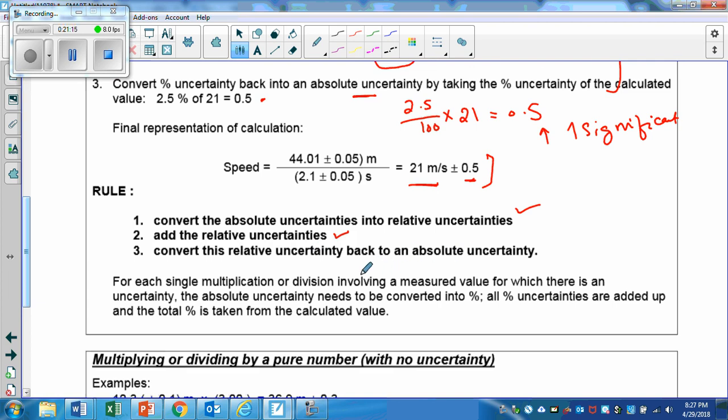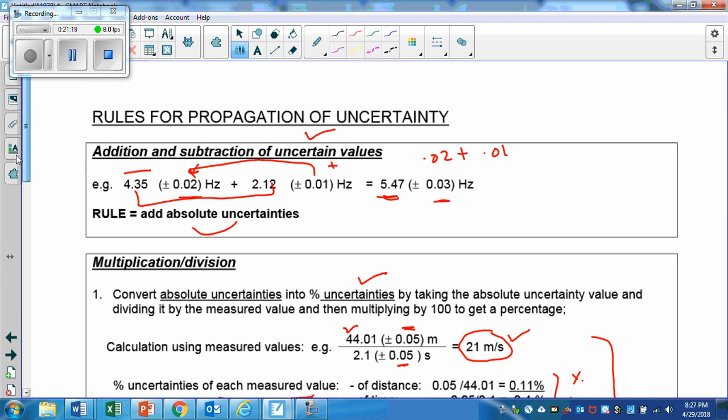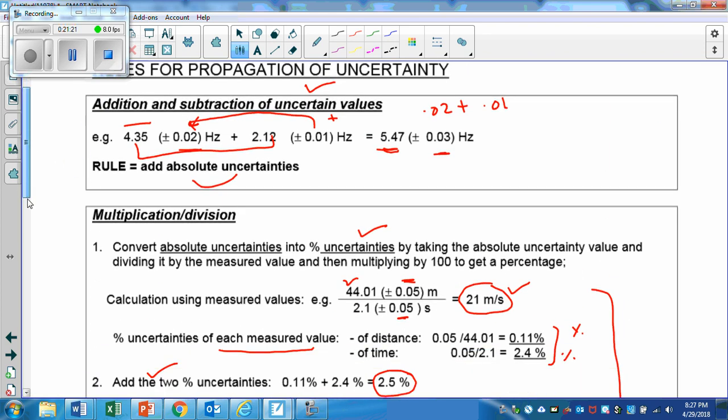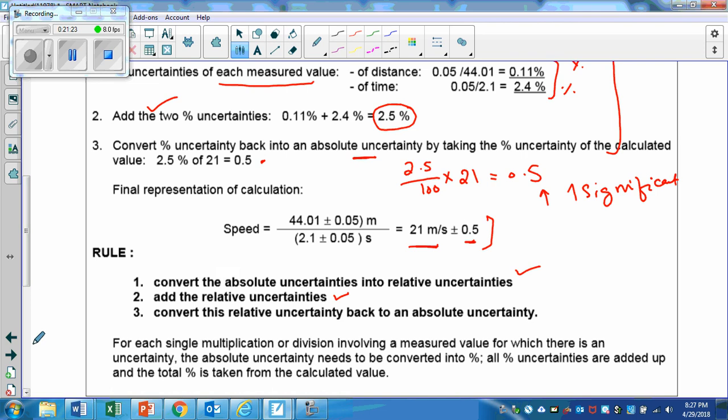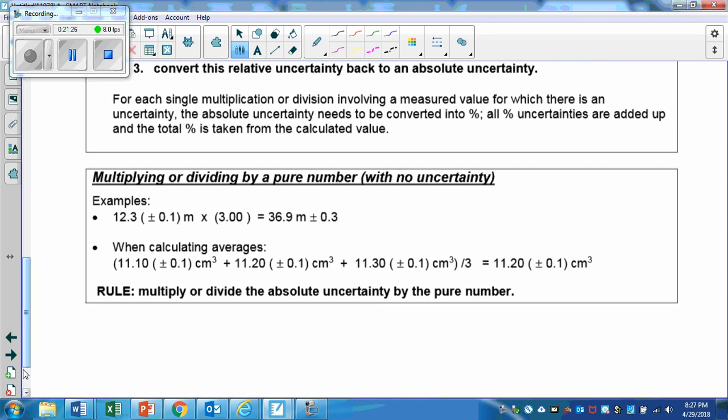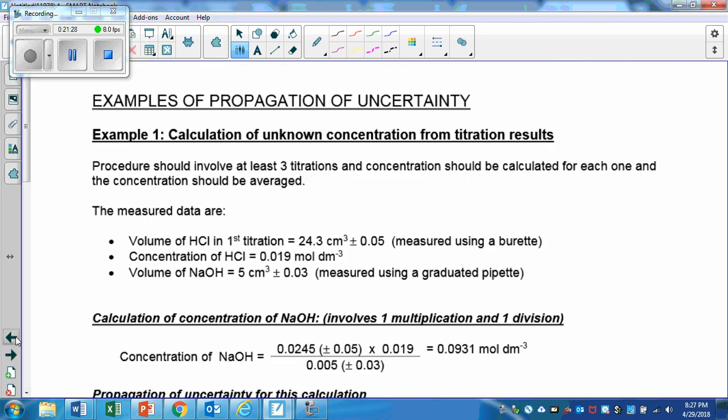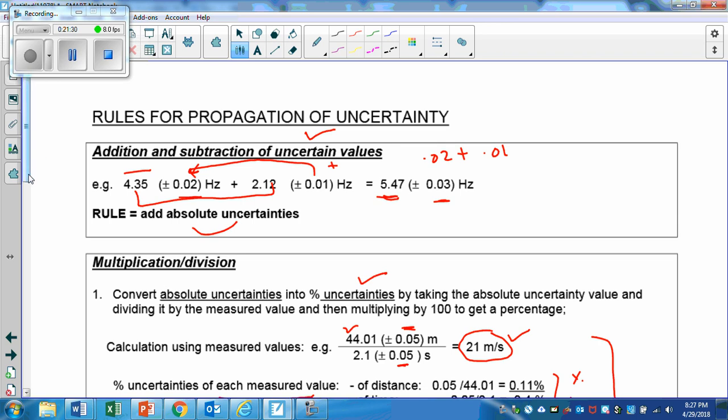So this is how we will calculate our uncertainties when we are adding or subtracting or when you are multiplying. So these rules will be part of your examination that you need to practice and get better at. Let's see if we have more examples of this.